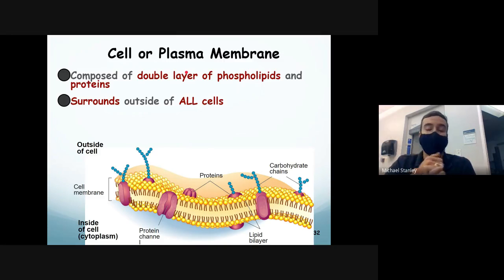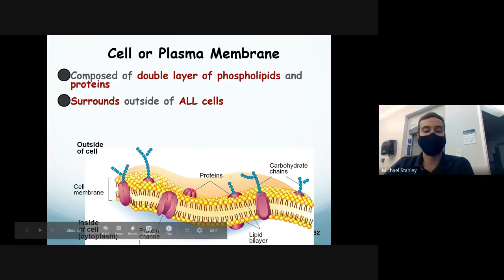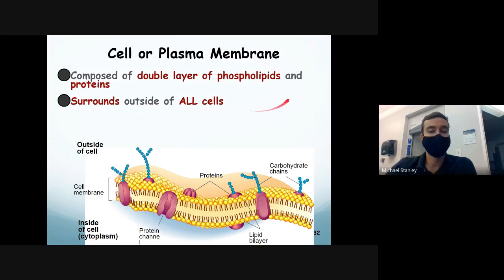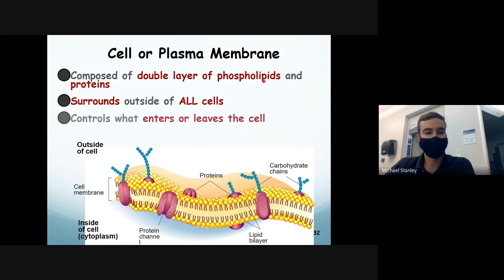Whether you're a prokaryote like a bacteria cell, or you're a plant cell or an animal cell or a mushroom cell, all cells have this plasma membrane, this lipid bilayer. So there's a top layer and a bottom layer of lipids. And they're a special kind of lipid called phospholipids.